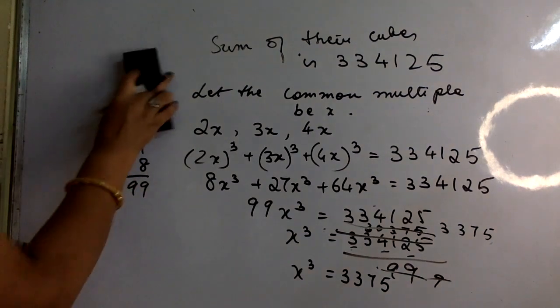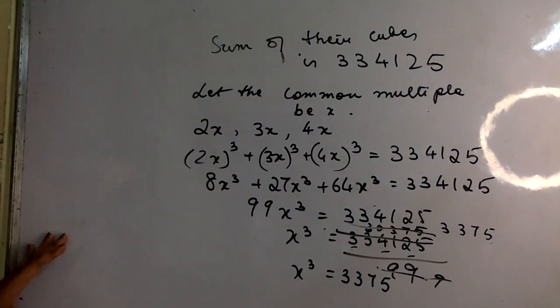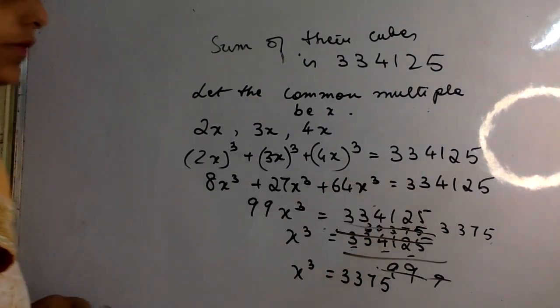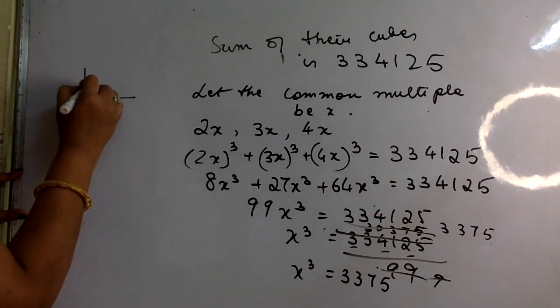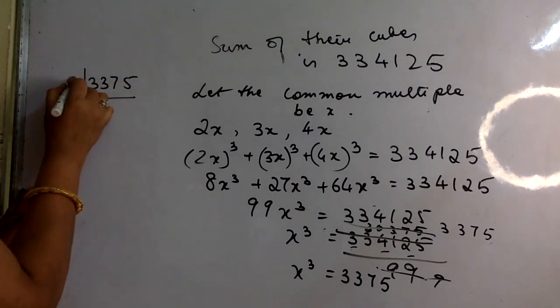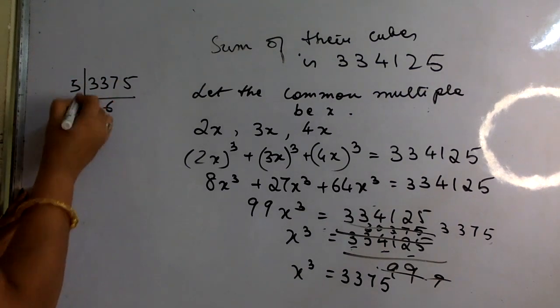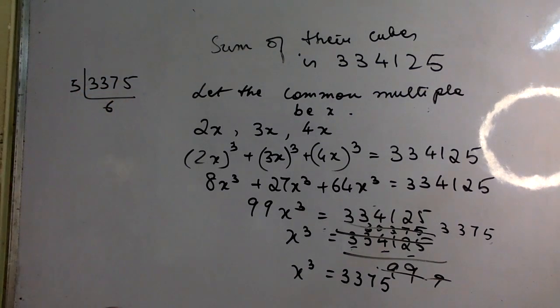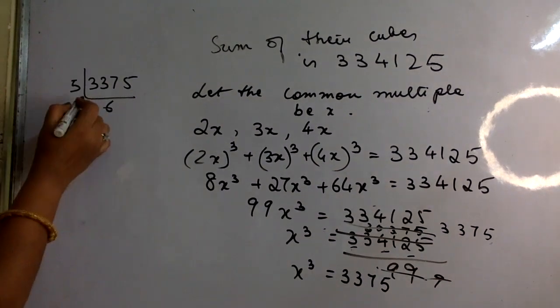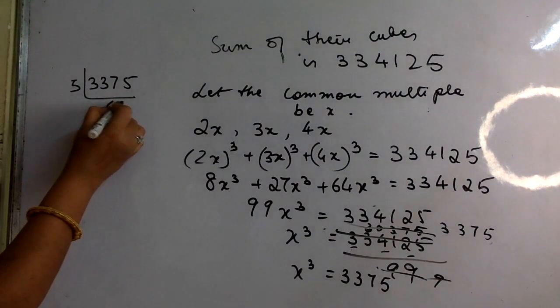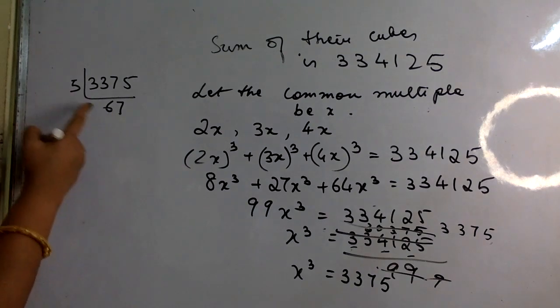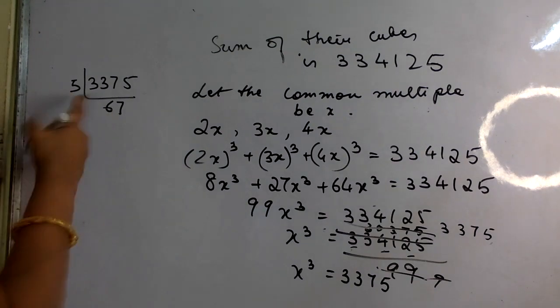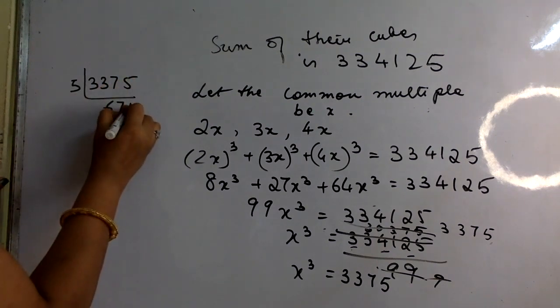Now I need to find the cube root of this in order to find the value of x. So 3375, let me try with a 5 only. 5 6s are 30, and then 3 here. 5 7s are 35, and then 5.